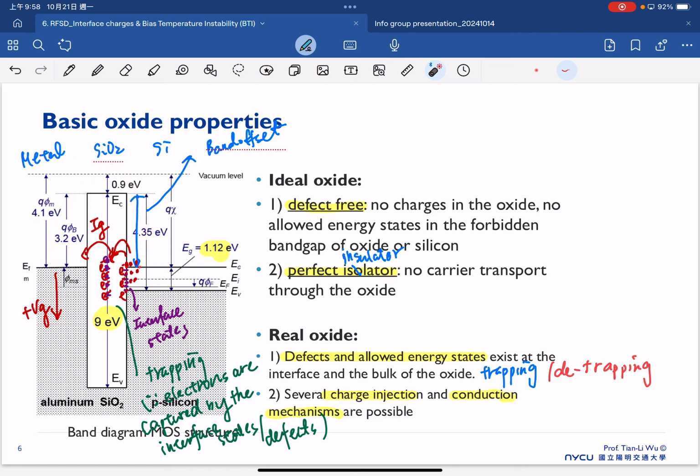So now the electron can first jump to here and then jump to there and become leakage current. So the conduction mechanism of this one is different compared to this one, and that will also cause different leakage current. So that's the general issue if we have defects inside our dielectric or interface.